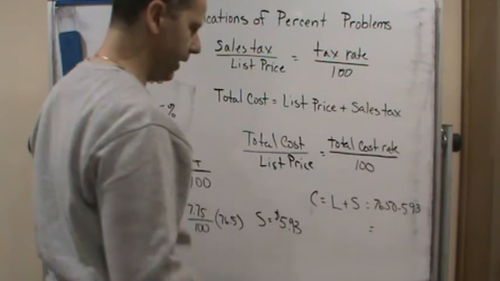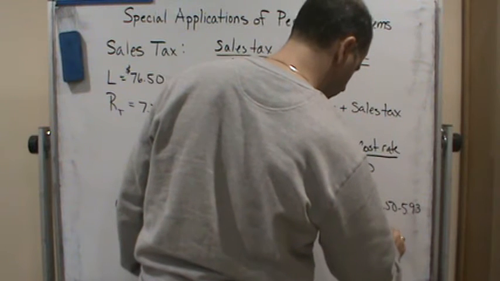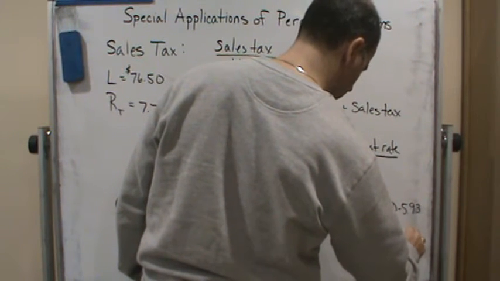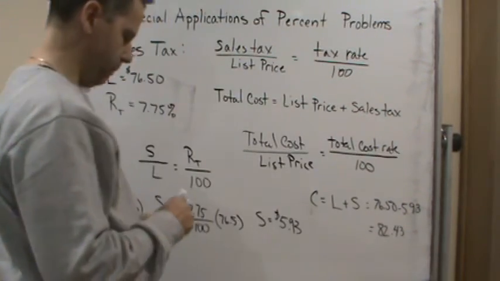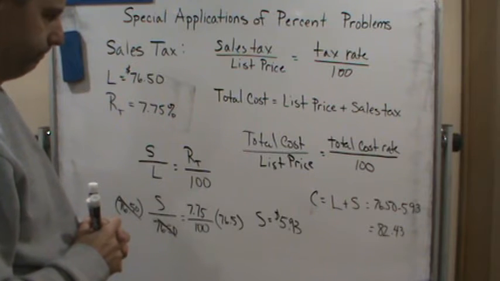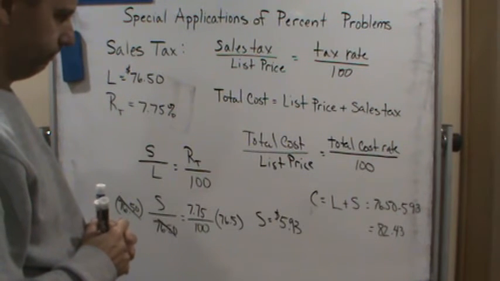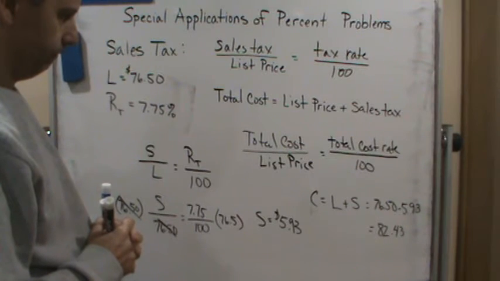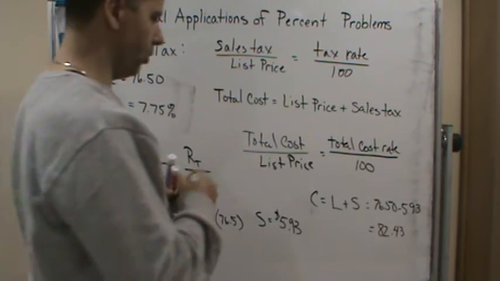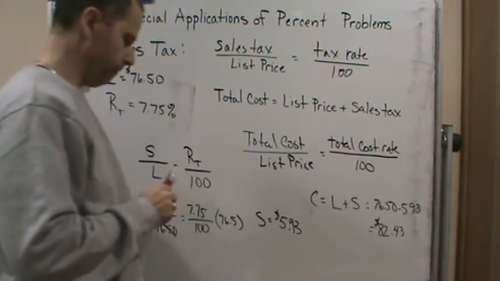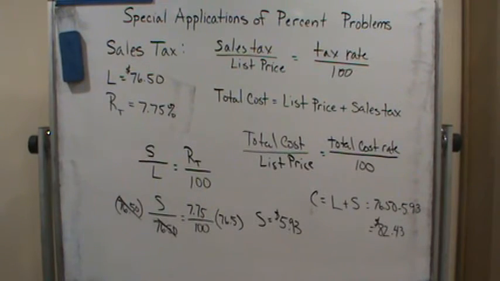And so what do I get? I get $82.43, right? And so the total cost for the multimeter is $82.43.